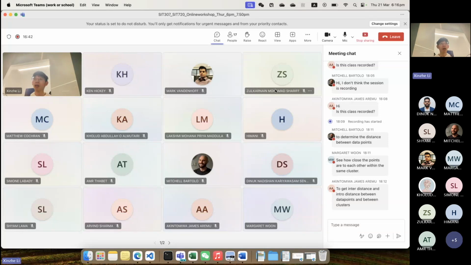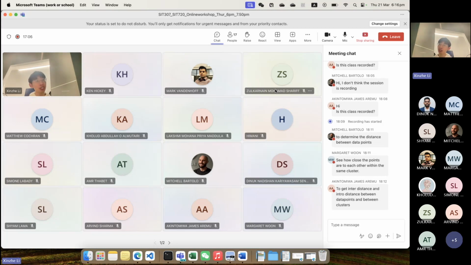Yeah, I think Margaret is very, very correct. She said, okay, I want to measure how close the points are to each other within the same clusters. In K-means, you will do that. K-means actually has three steps.